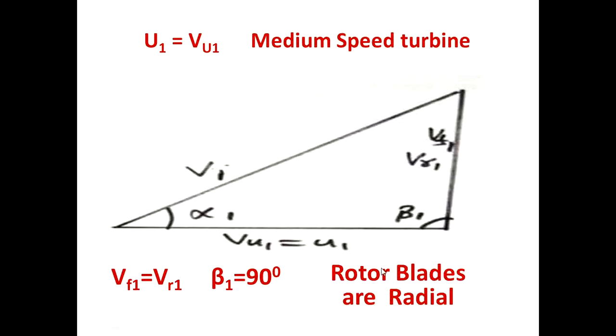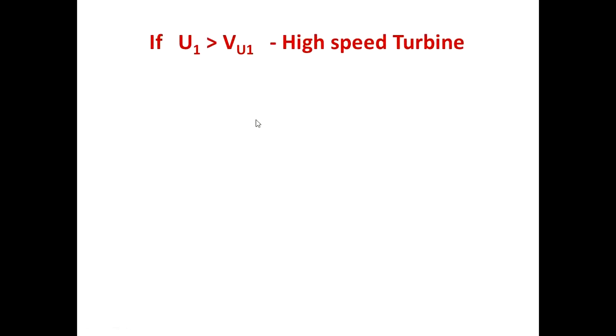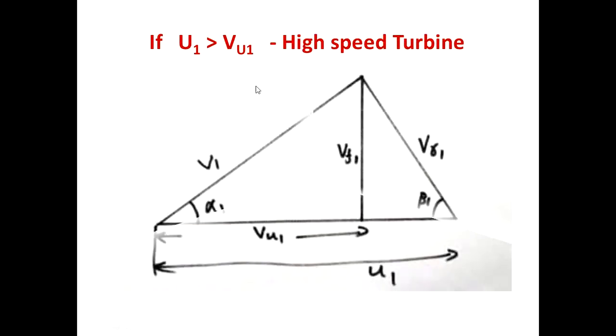This condition also they will give in the exam. Inlet blades are radial, but fluid approach is not 90 degree. Inlet blades are 90 degree means Vu1 is equal to U1 or beta 1 is equal to 90 degree. That's all. So next, logically you want to learn this subject, otherwise it is difficult in examination. Logically you learn, it is very easy.